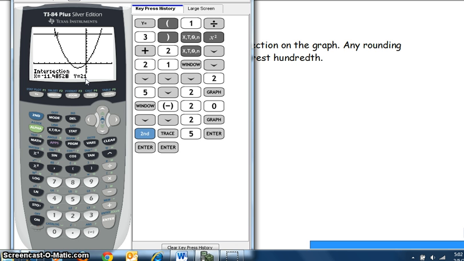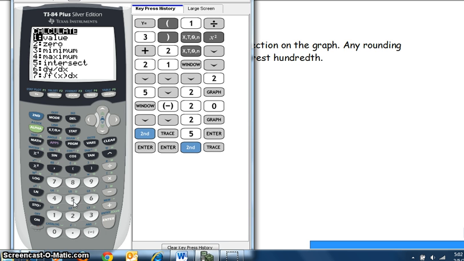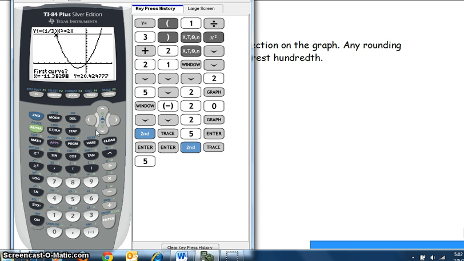Now I want to find my other point of intersection. So again, I do second, trace, 5. But my point of intersection that I'm going to find needs to be over here. In order to get my calculator to find that, I'm going to have to get my cursor to come below or past my vertex.